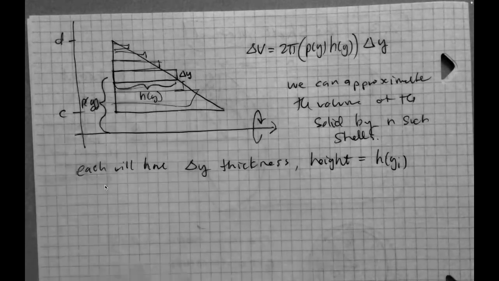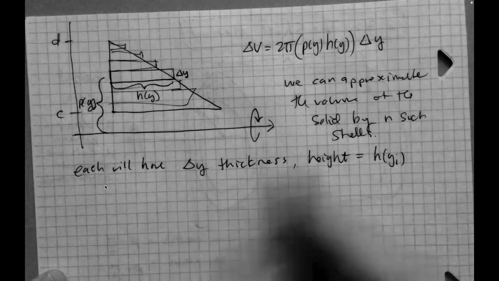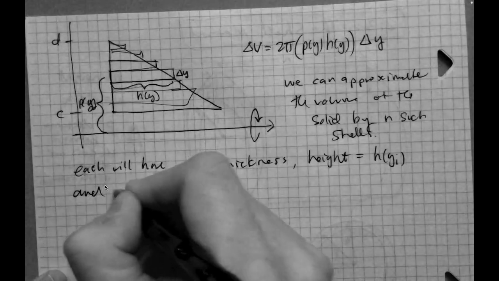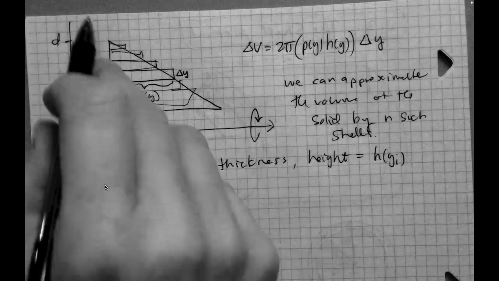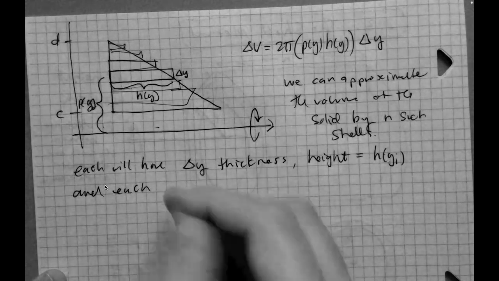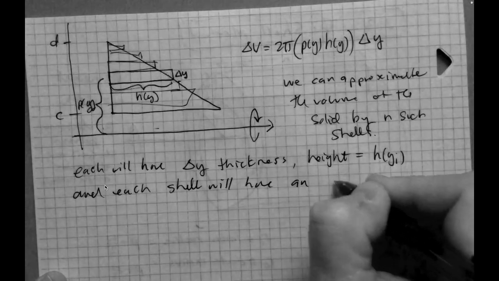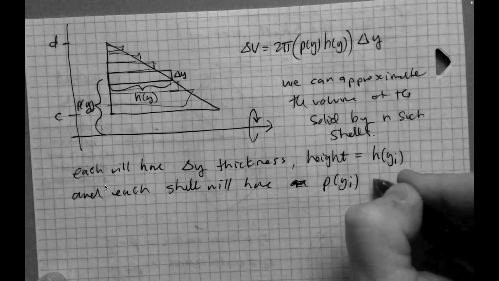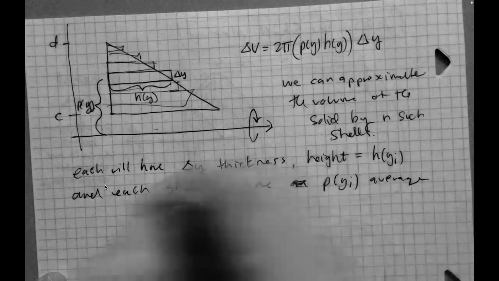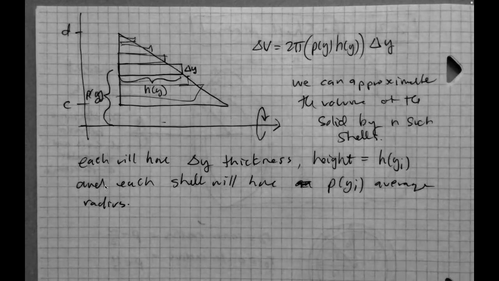The height function is going to vary depending on the shell, obviously. And the average radius will also vary a bit depending on the shell. The distance from the axis, some will be closer, some will be further away. So that's the idea. If we were to take n of these shells, how would we sum them up?